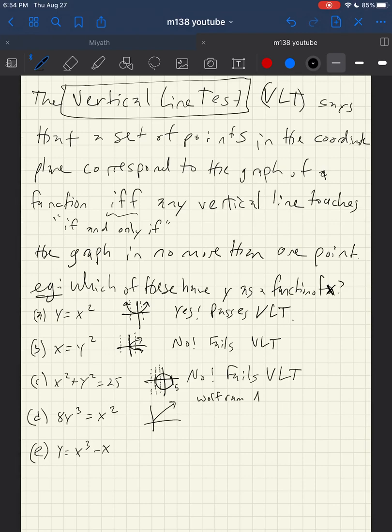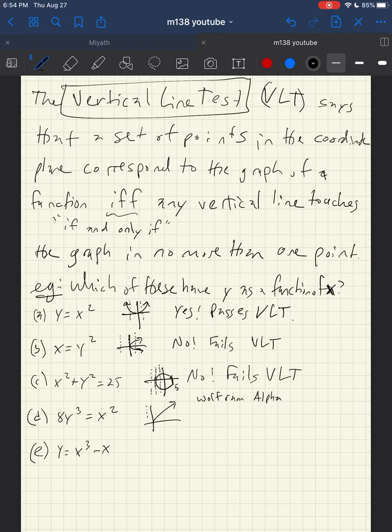If you Google this, or I think it's wolframalpha.com, you can just type in graph this equation, and it's pretty easy to figure out how to get exponents by using the caret symbol. Wolfram Alpha is a great resource for checking your work. It's not a substitute for thinking, but it's a great resource for checking your work.